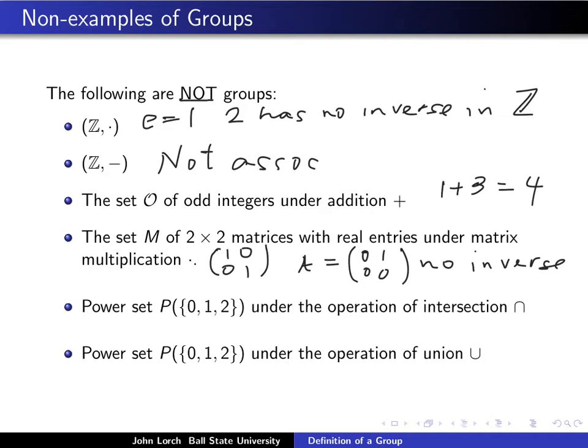So here we're going to consider the power set of {0, 1, 2}. Now remember, the power set just consists of this set and all of its subsets, and the operation is going to be intersection. So here, if this were going to be a group, then if you think about it for a little bit, the identity element would have to be this entire set, {0, 1, 2}.